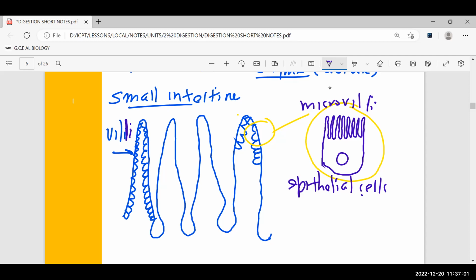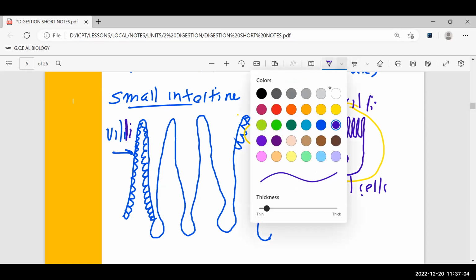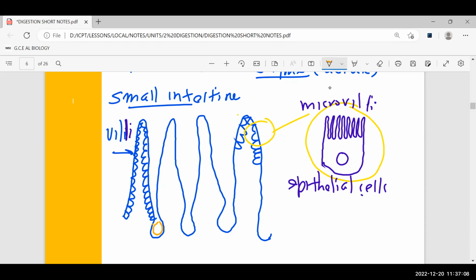And still, like in the stomach, we can find the glands.